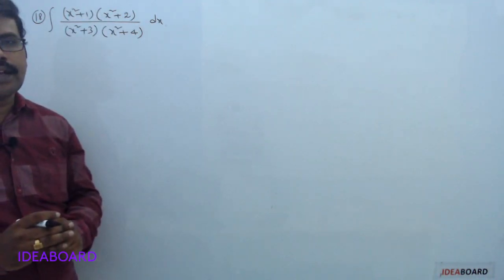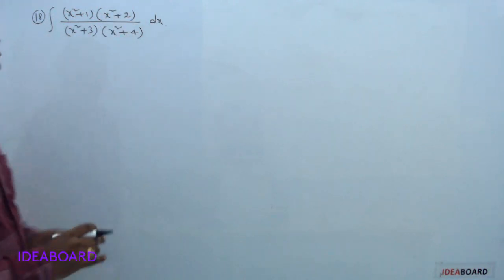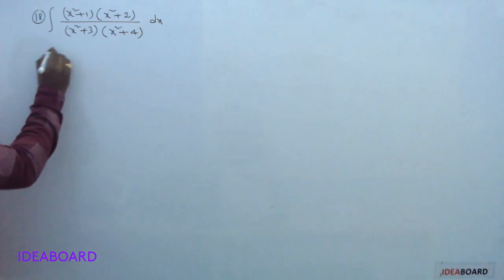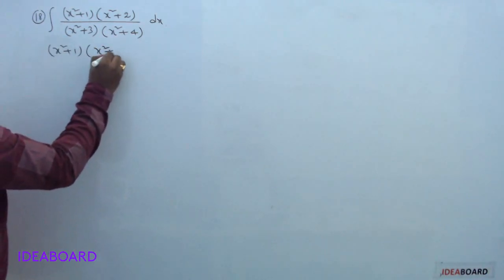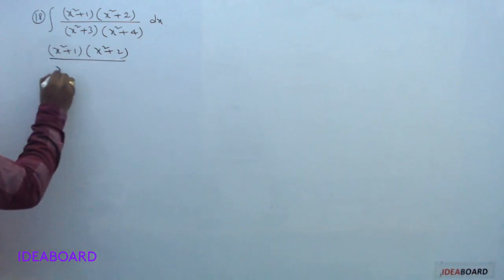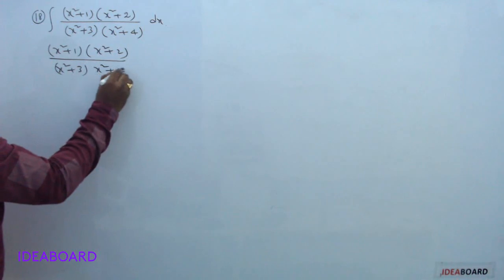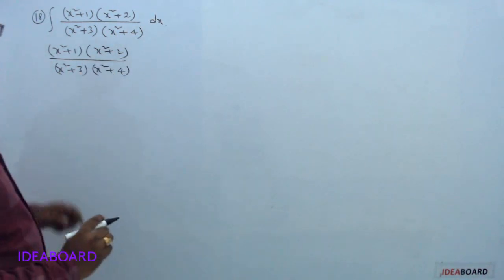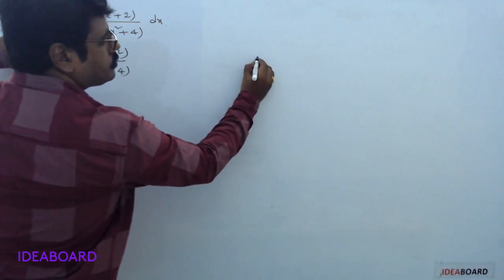Now what is our procedure? Divide the numerator with the denominator. Now take this integrand separately: (x square plus 1) into (x square plus 2) divided by (x square plus 3) into (x square plus 4). Now here, suppose I take x square equal to y.